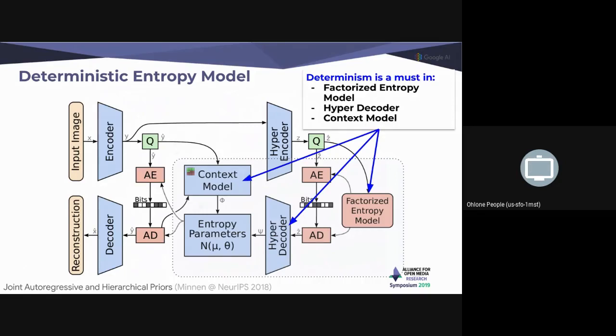And what that means is if we make a mistake in predicting this mean or standard deviation for the distribution, we could get into some very bad scenario. So we need to have a way in which this highlighted part of the model is fully deterministic. Regardless of what platform I run it on, I would like to get the same numbers out.